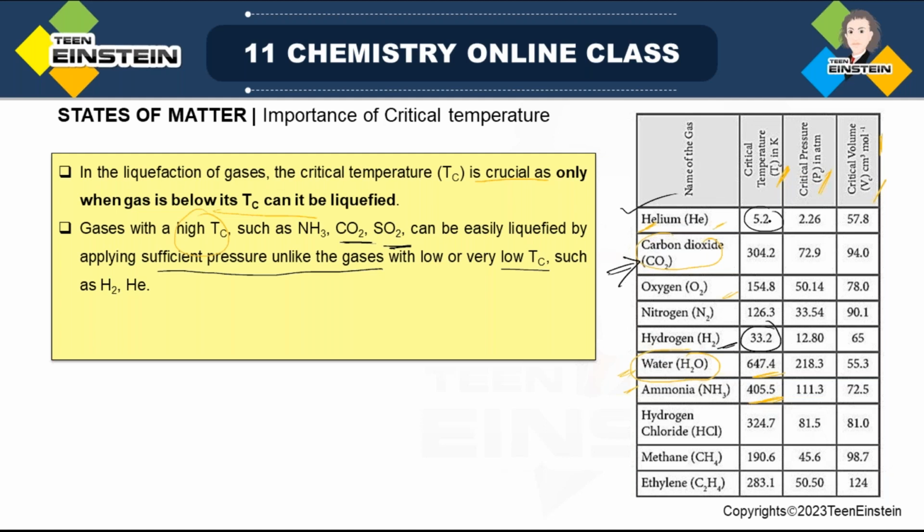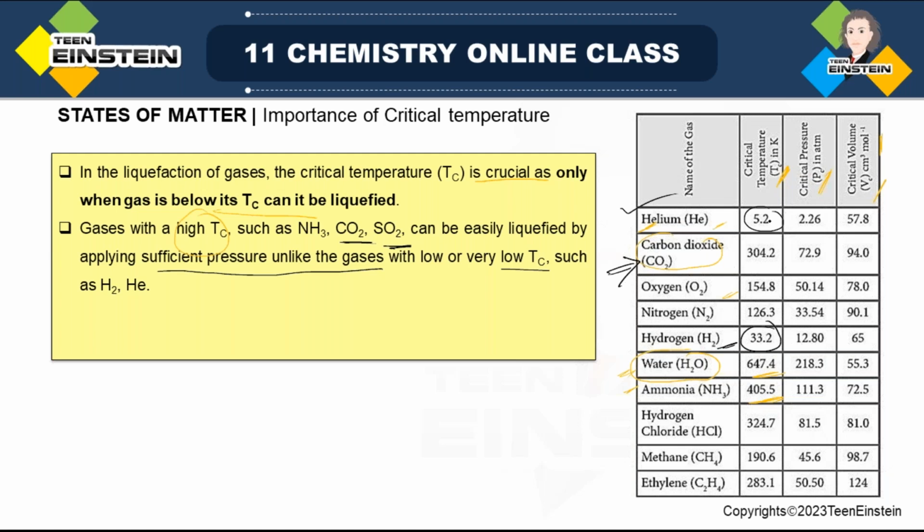When the critical temperature is very high, you get a large area, because you have to be below TC. If TC is already very low, it is difficult to go to even lower values. But if TC is already high, you get enough area where you can do the liquefaction. That is why when TC is very high, the liquefaction process is also easier. So you can easily liquefy ammonia and carbon dioxide, but liquefaction is not so easy for hydrogen or helium.